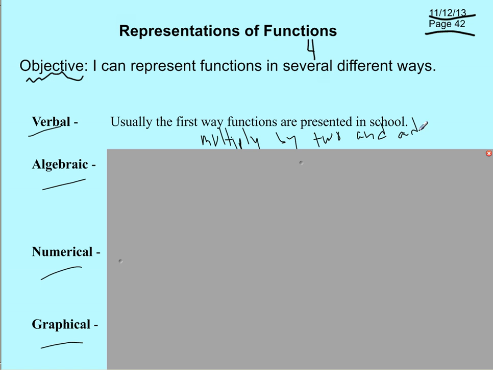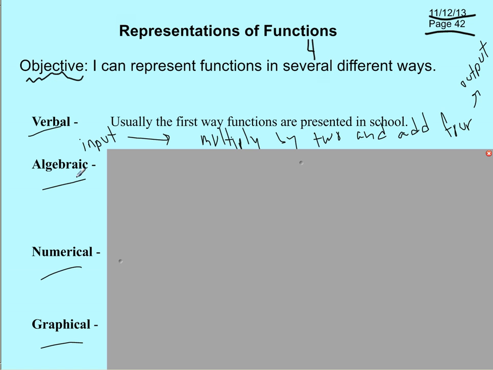That is a verbal representation of a function. It tells you a rule that you apply to any input. So you have an input that goes in, then you multiply it by 2, add 4, and that's when you have your output. You should be writing these down, okay, including the little notes that I put. I find that people aren't adding the notes that I'm writing, and you definitely need to do that.